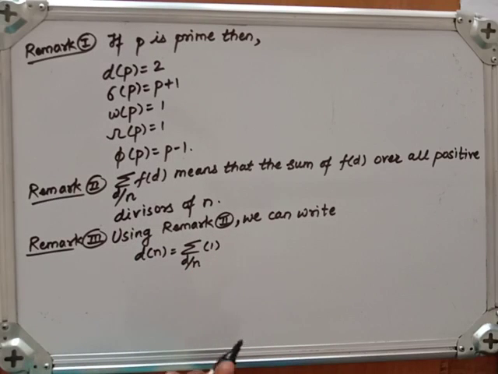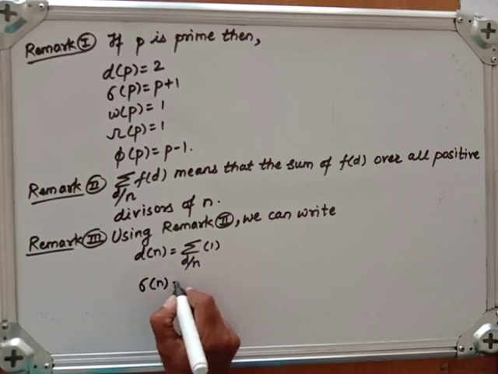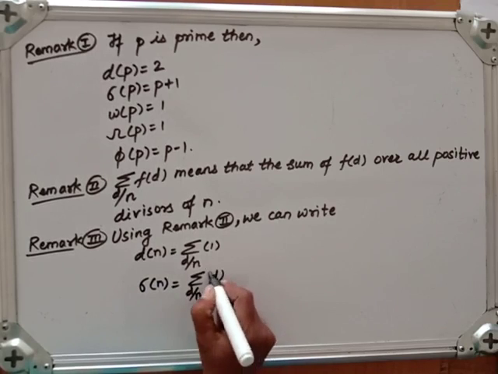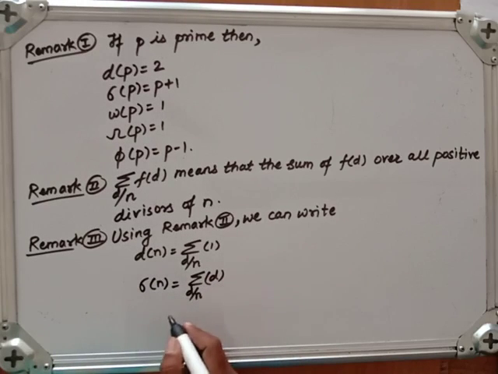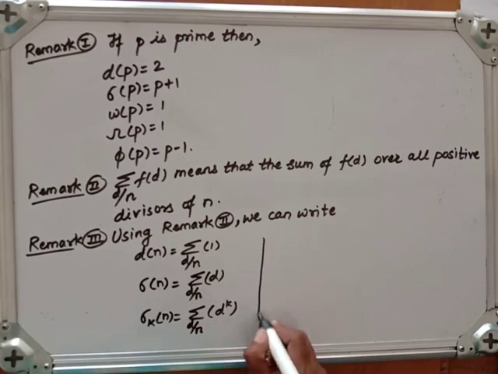The function will become 1 there. For sigma of n, summation d divides n, it will become d there, whatever d we have to add. Then sigma k of n will become summation d raised to k, d divides n.